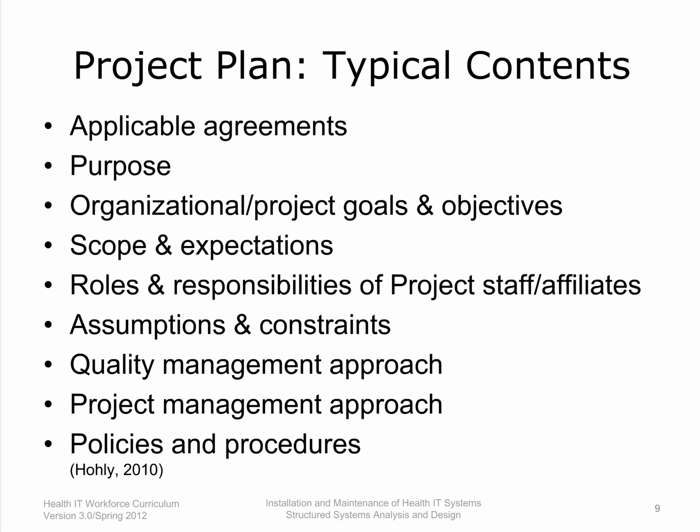Scope and expectations. Roles and responsibilities of project staff and affiliates. Assumptions and constraints. Quality management approach, project management approach, and policies and procedures that must be adhered to for the project's success.